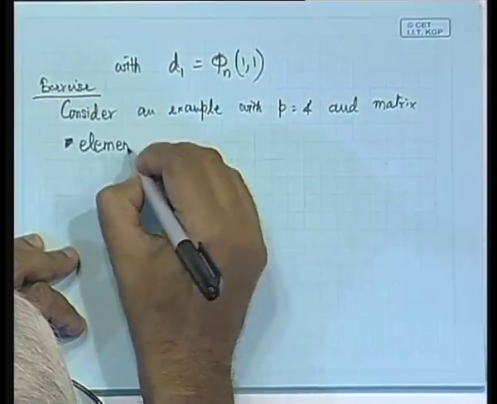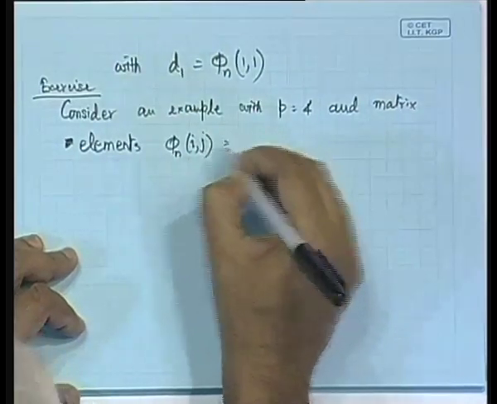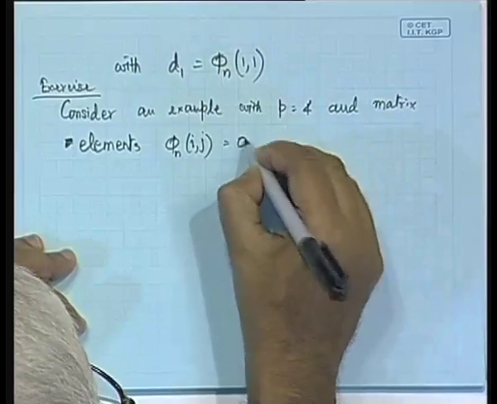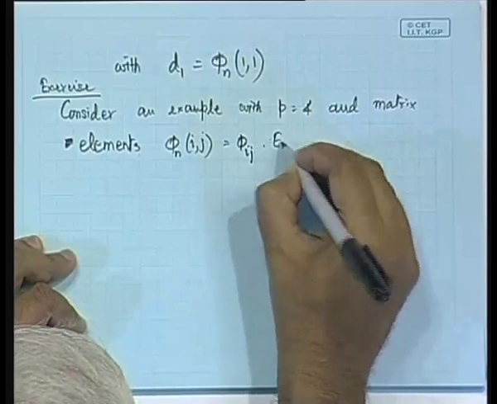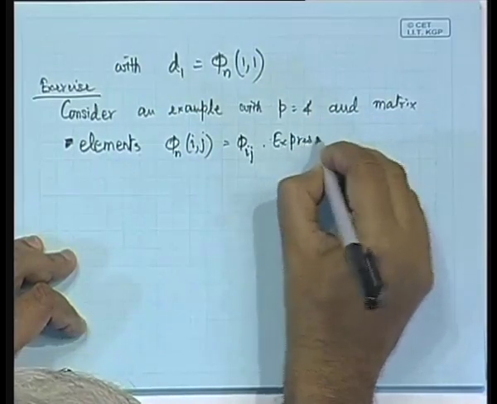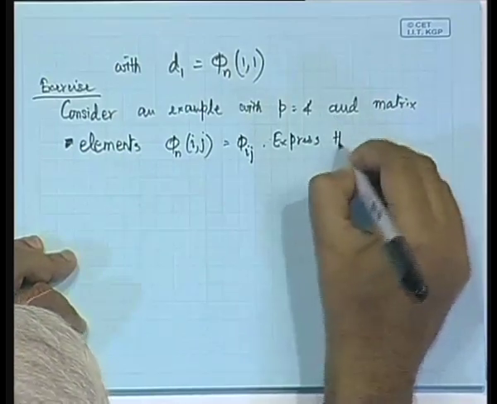you just write it in a simpler way: simply drop this n because this n is implied, and write it as phi ij, okay. Then you can express the elements of V matrix and D matrix in terms of phi ij's.